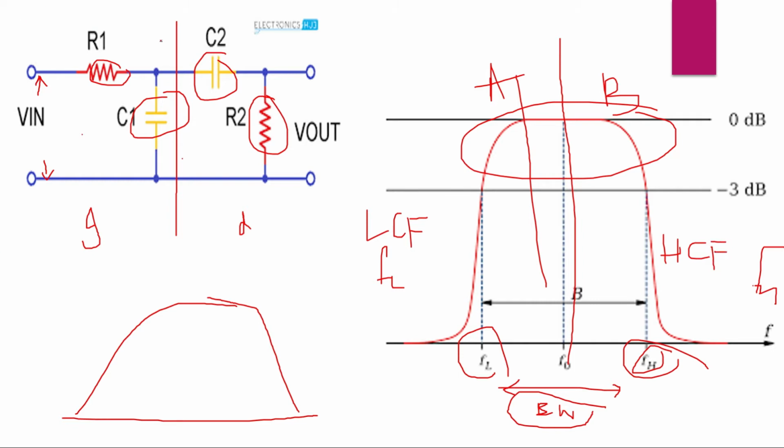In this way we are combining both the integrator circuit and the differentiator circuit, and we are getting an output called band pass, which will allow only signals in between FL and FH. It will not allow the remaining signals.